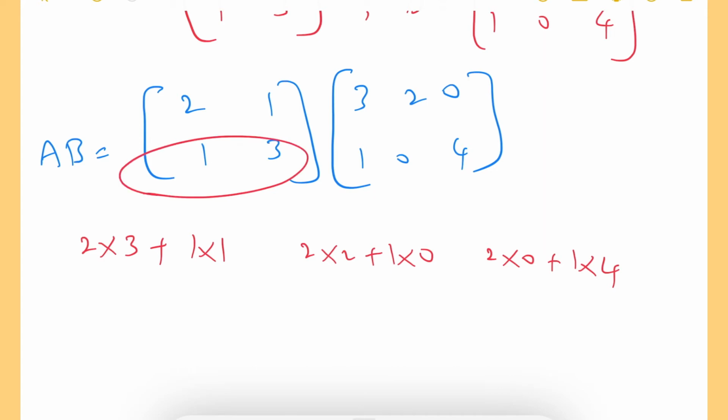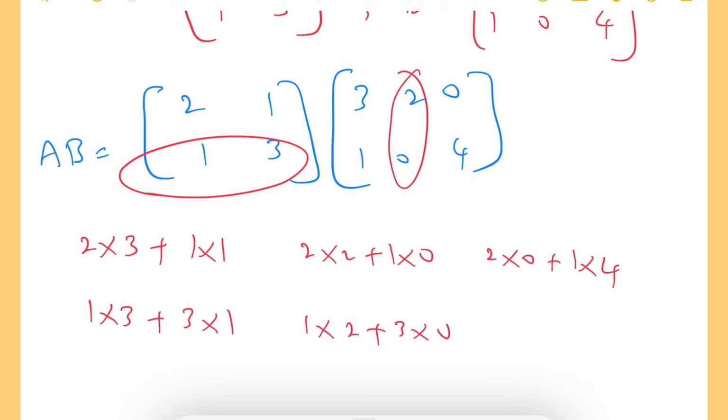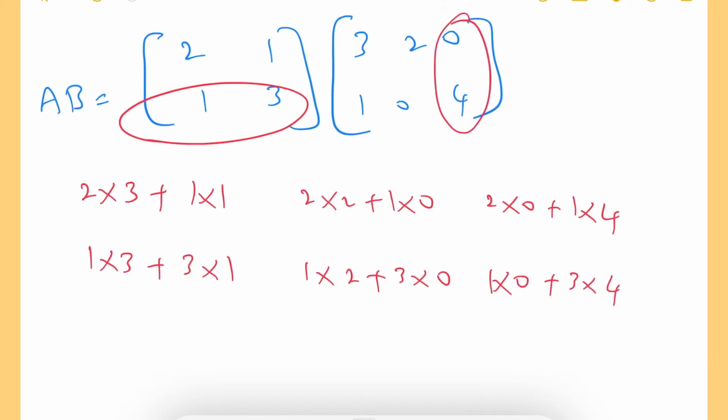Next, second row with the first column: 1 into 3 plus 3 into 1. Then second row with the second column: 1 into 2 plus 3 into 0. Second row with the third column, that is 1 into 0 plus 3 into 4.